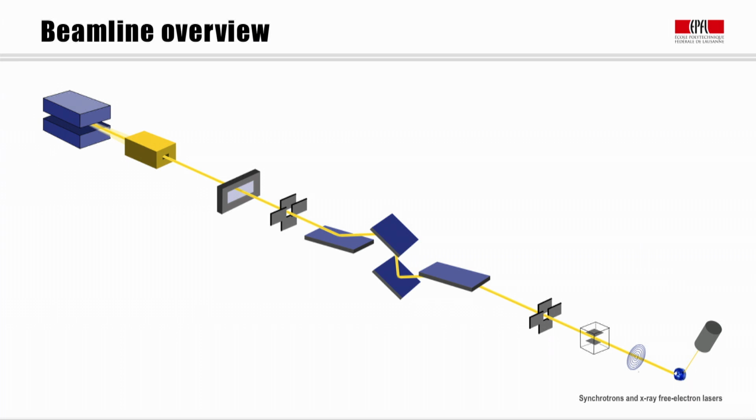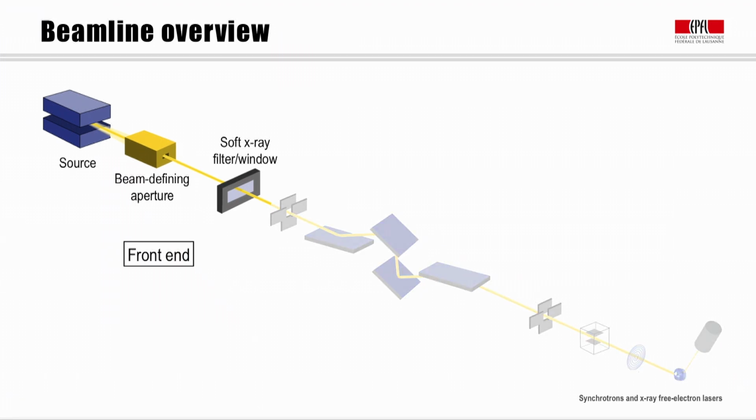So, let us begin with an overview of elements of a beamline. The generic setup is shown schematically here, and is just one possible configuration, but most beamlines follow this concept more or less in general terms.